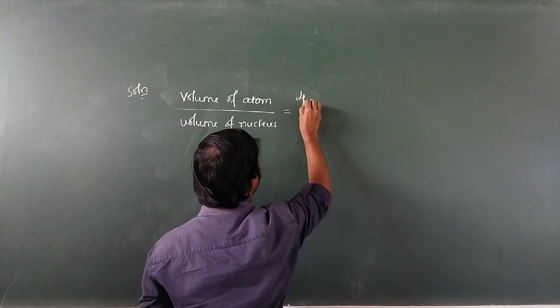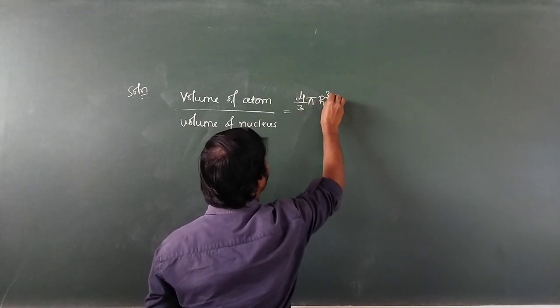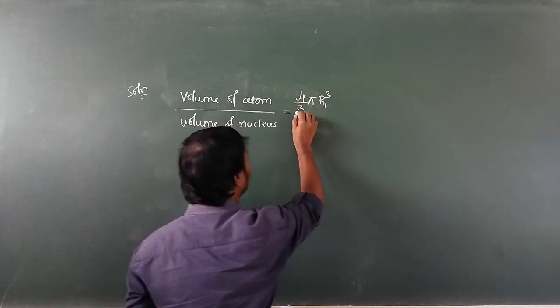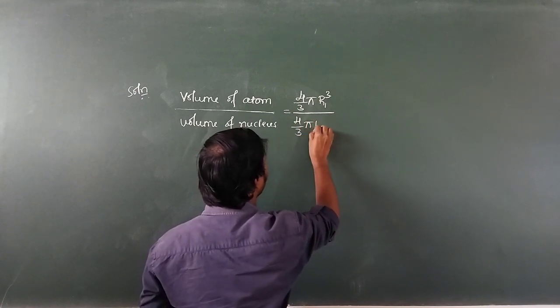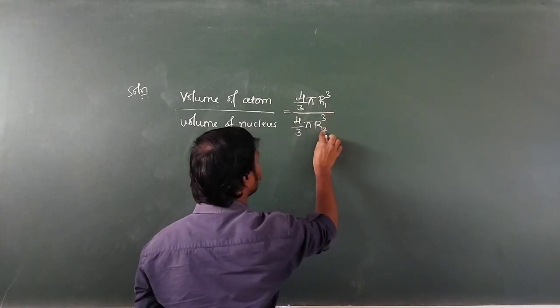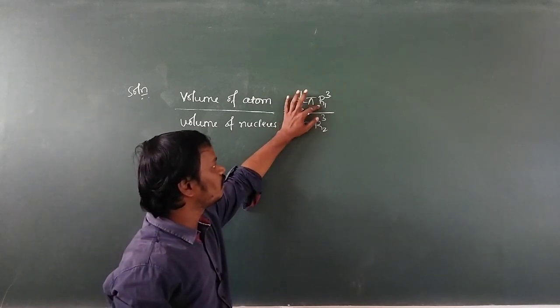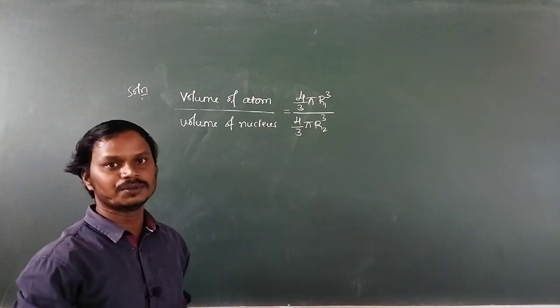That is 4 by 3 pi R1 cube, where R1 is the radius of the atom, divided by 4 by 3 pi R2 cube, where R2 is the radius of the nucleus.